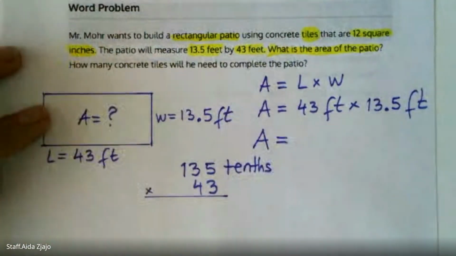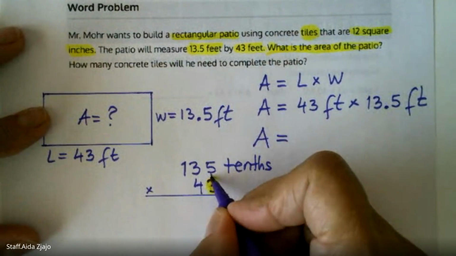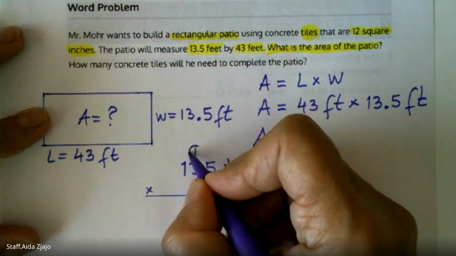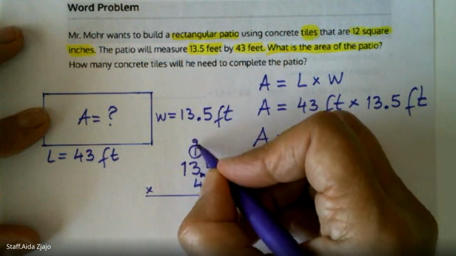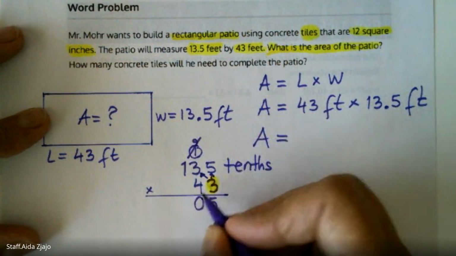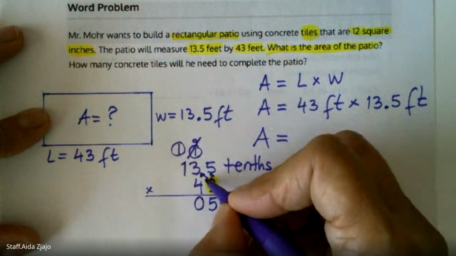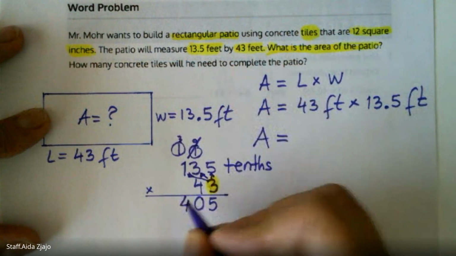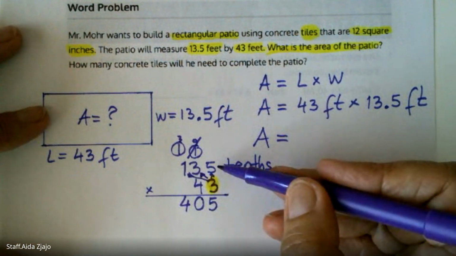3 times 5 is 15. Remember 1. 3 times 3 is 9, plus 1 is 10. I remember 1 again. 3 times 1 is 3, plus 1 is 4. I'm done. What is 3 times 135?